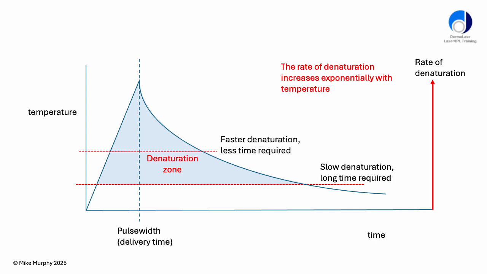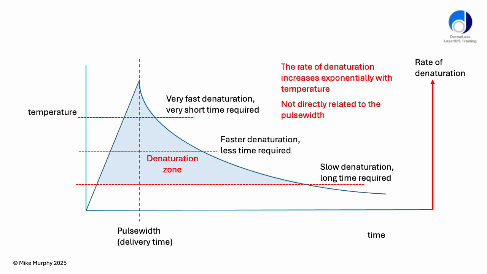If you have a higher temperature, then those cells will denature faster, and therefore less time is required to destroy them. And an even higher temperature will cause a much faster denaturation process, which means you don't need much time at all to kill those cells. So quite simply, the higher the temperature, the faster the denaturation process takes place, and therefore the quicker and easier it is to kill those cells and tissues.